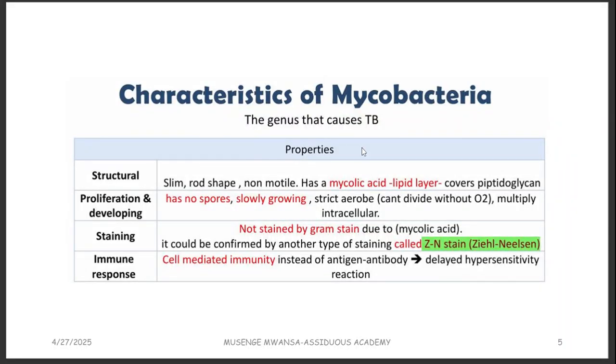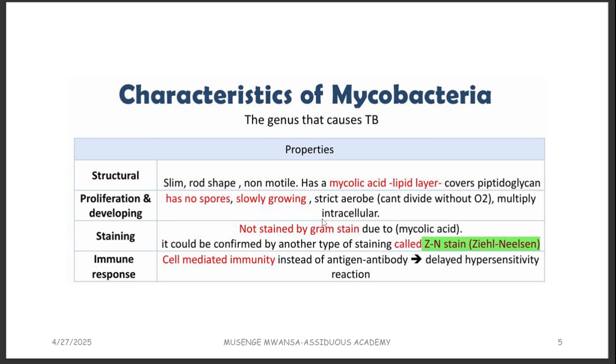The characteristics that you need to know about TB on the structure is that it has got a mycolic acid lipid layer, which will cover the peptidoglycan, and then it has no spores, it's slowly growing, and it's a strict aerobe.